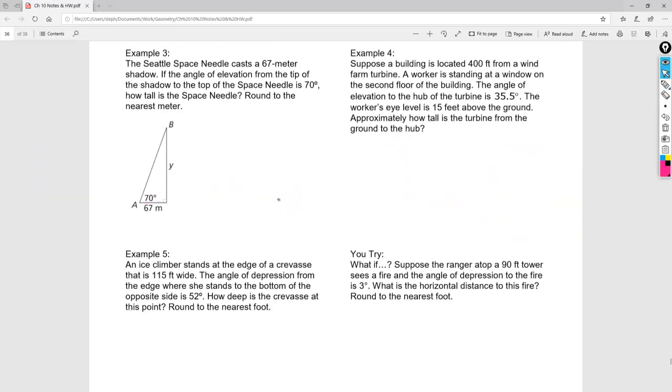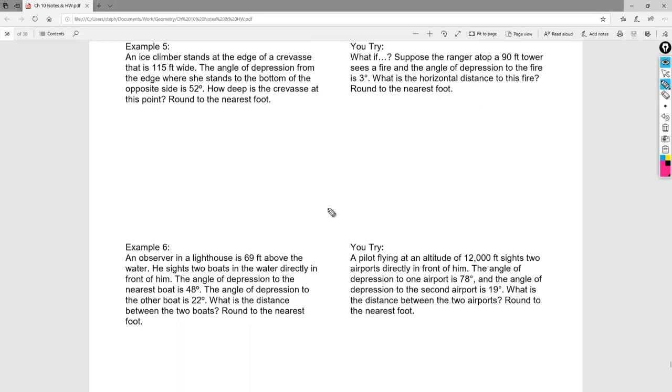Alright, next example, I have an ice climber standing at the edge of a crevasse that is 115 feet wide. Okay, so here's my dude, and we are 115 feet. Okay, the angle of depression from the edge to the bottom is 52 degrees. Okay, so it's coming down. Here's my 52. How deep is the crevasse at this point?